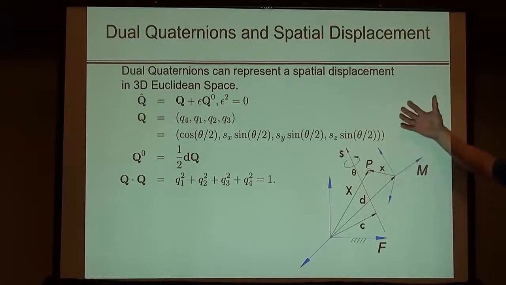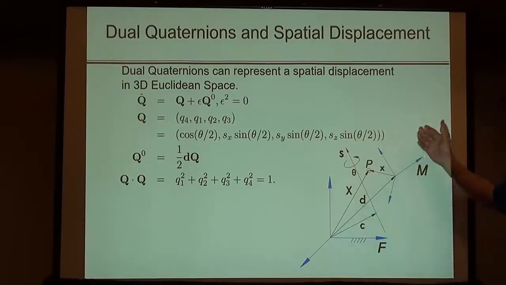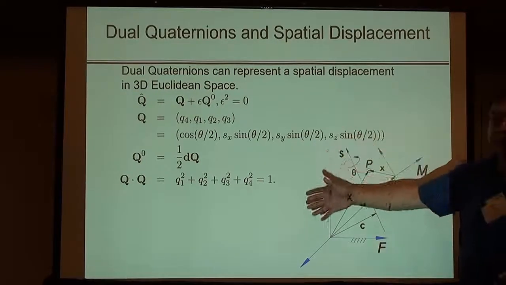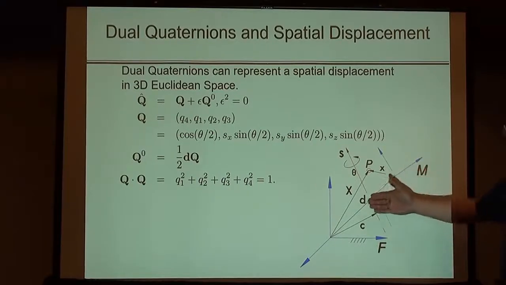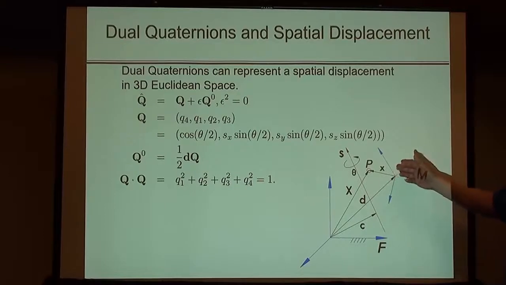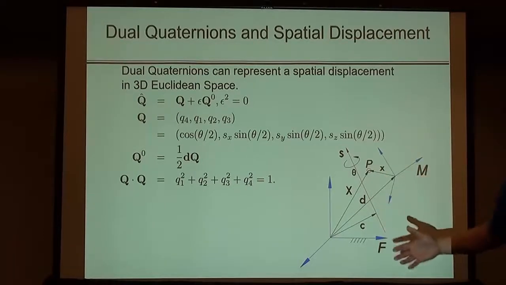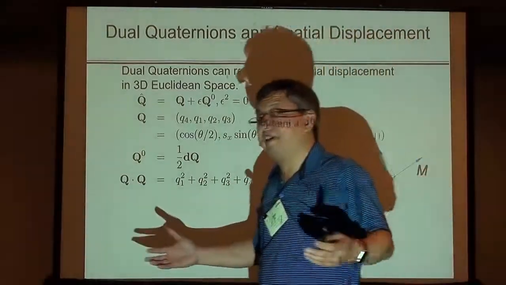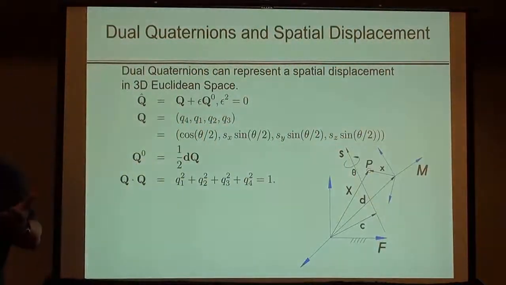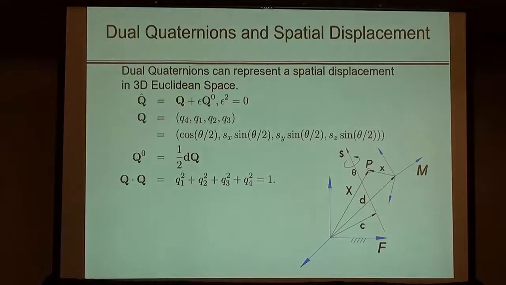If you translate this away, you will get a different D. And that means whatever you do, the formulation that you have will be dependent on the choice of the origin of the coordinate frame. Okay? In some cases, it may not be a problem.